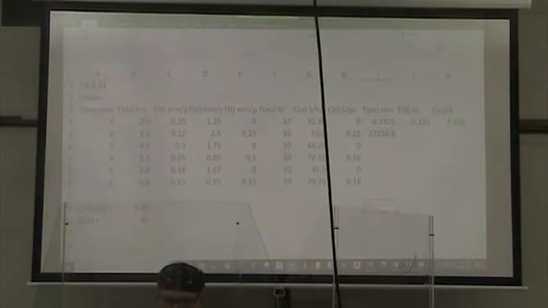Equals, let's go two left parentheses, time of setup plus time non-operation, times 60.